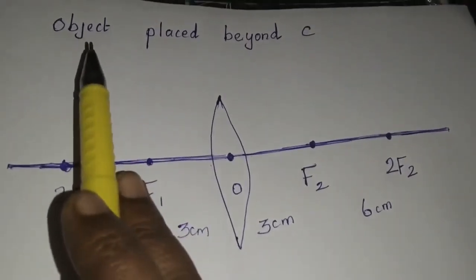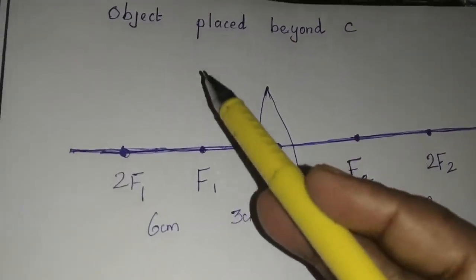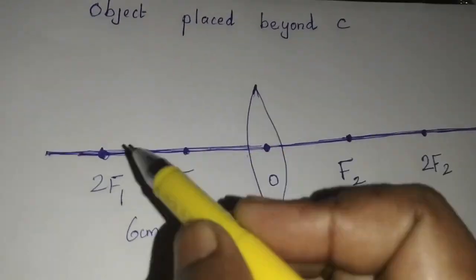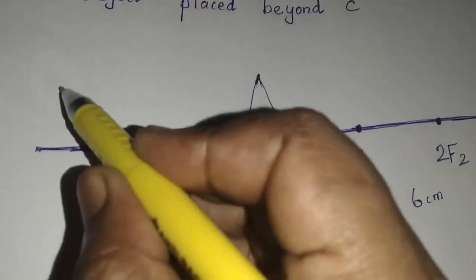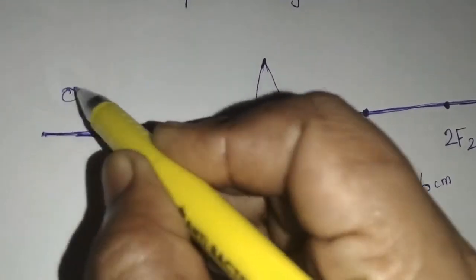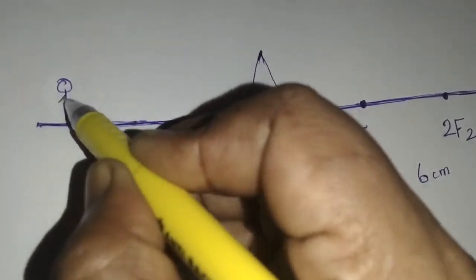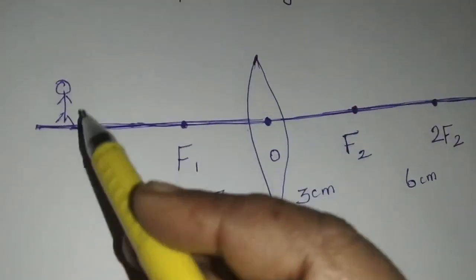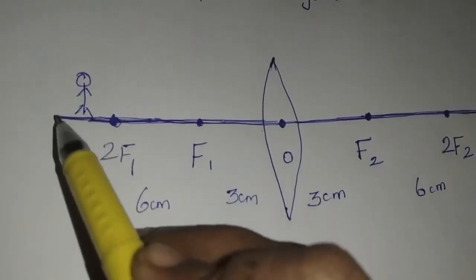Students, consider the object placed beyond C. So here I am drawing a picture on the principal axis.